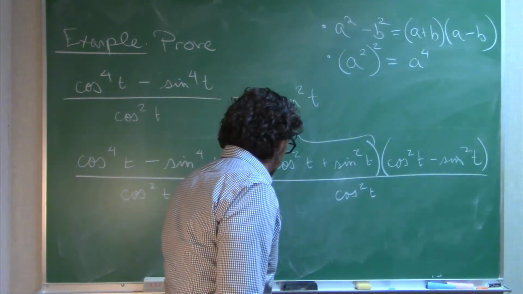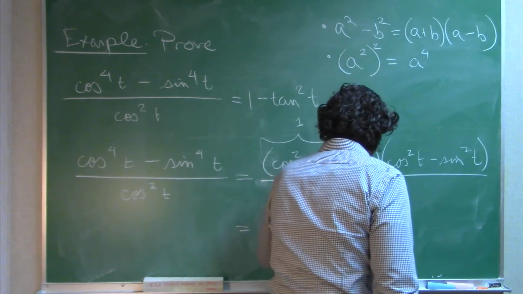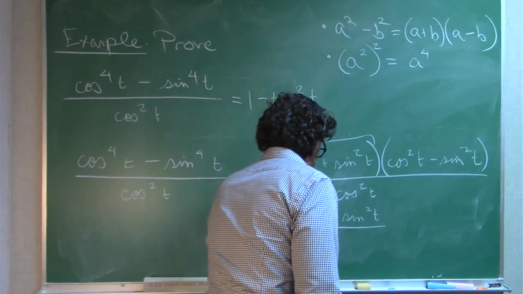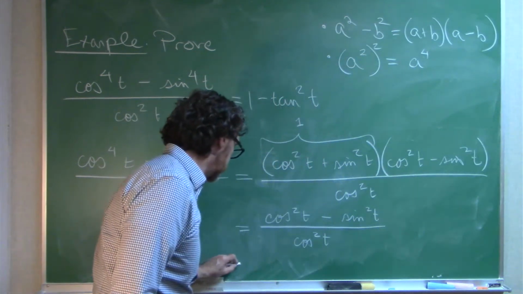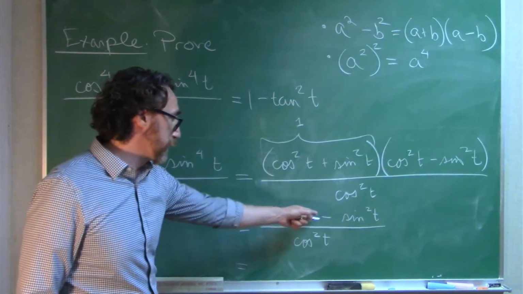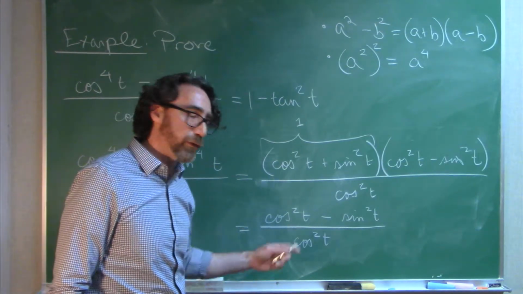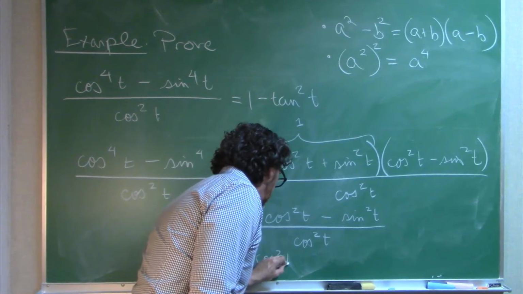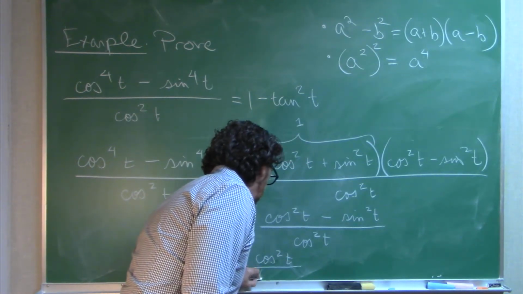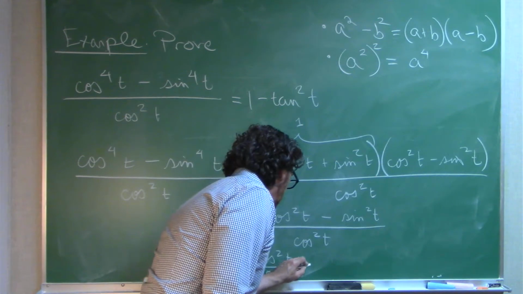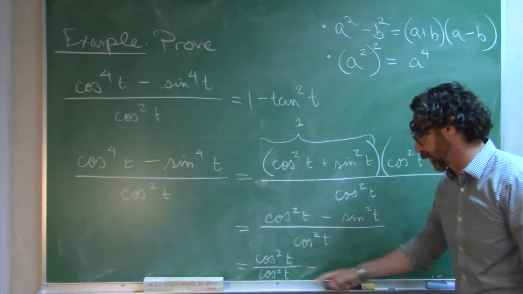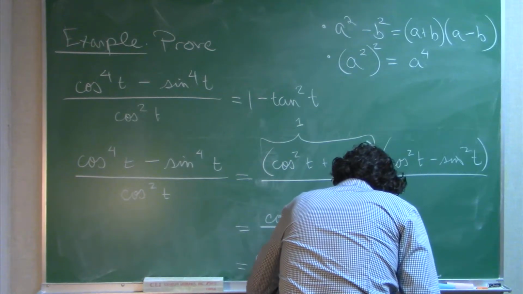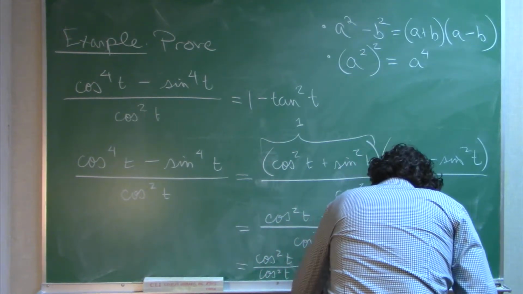So we have cosine squared t minus sine squared t over cosine squared t. Now I've got these two things over this denominator right here, so I can break it up. This is cosine squared t over cosine squared t minus sine squared t over cosine squared t.